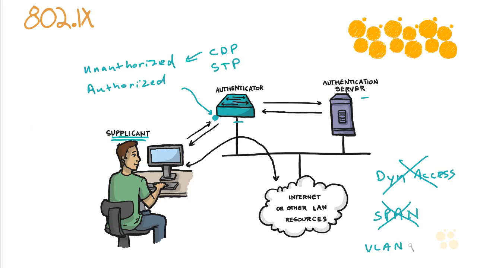What's interesting is you can change the VLAN, and that would be transparent to 802.1x. A great scenario where you see that is where the authentication server is actually set up to change the particular VLAN based on the particular supplicant that comes in. 802.1x can handle that just fine.